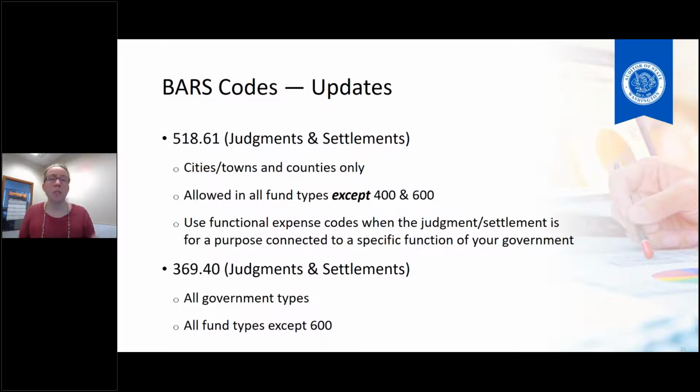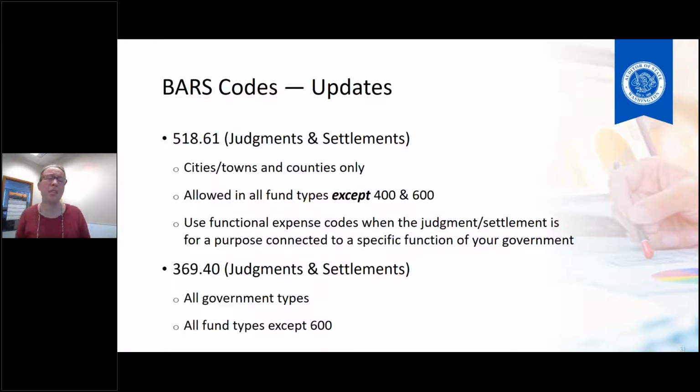You would use the functional code for your government or the enterprise fund to pay a judgment or settlement. For example, if you have a water fund or your water district and you need to pay a judgment or settlement, you will use your functional water code for that payment.